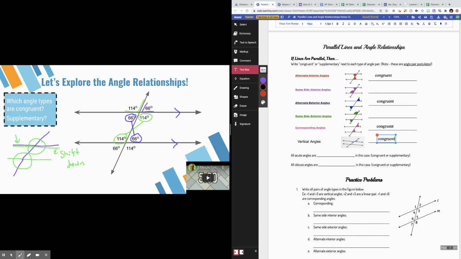And then we have a couple other angle relationships here that we haven't talked about, and those are the same side angles. For example, if we do same side interior, that would be these two right here.